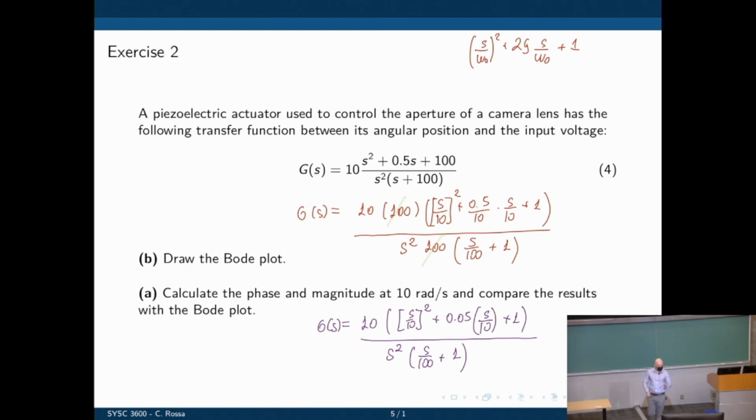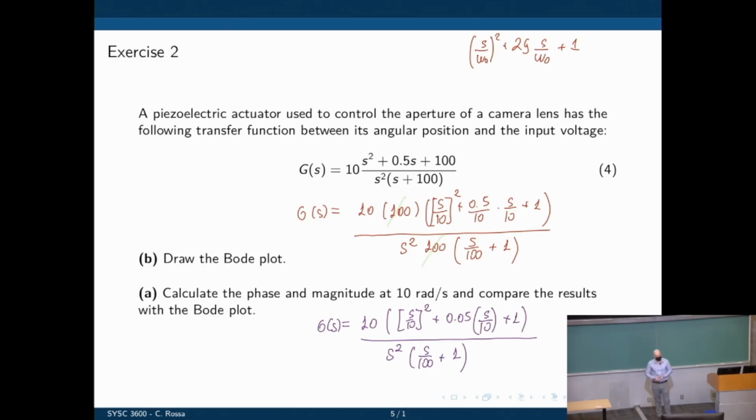Okay, so now we have the exact format we want. Everything is factored out. We have omega 0 for the pole and the 0. Omega 0 for the 0 is 10 radians per second. And for the pole is 100 radians per second. And you also have 2 zeta.